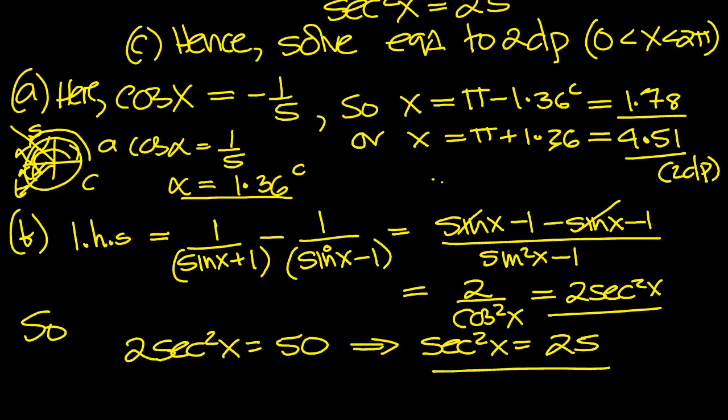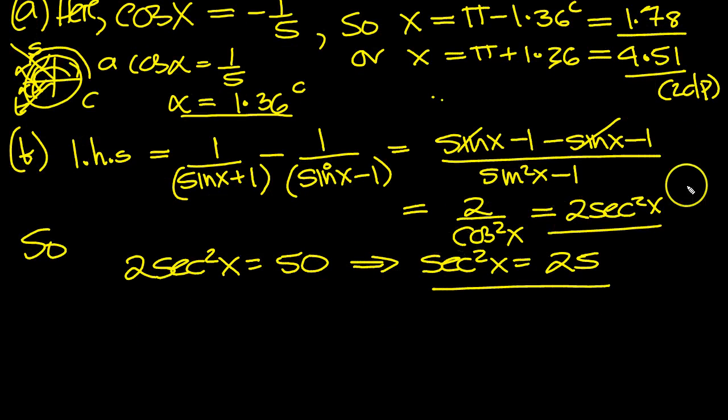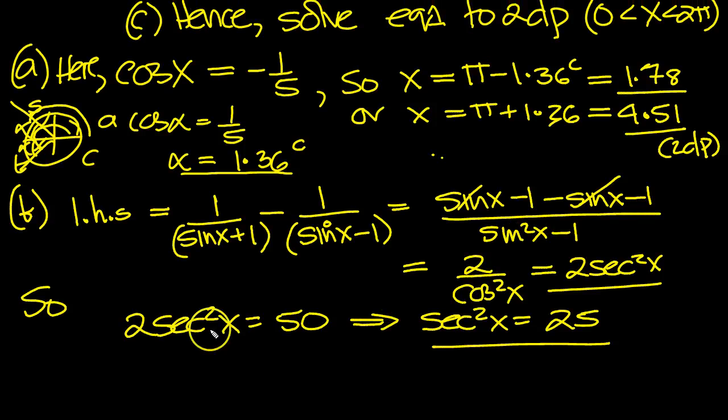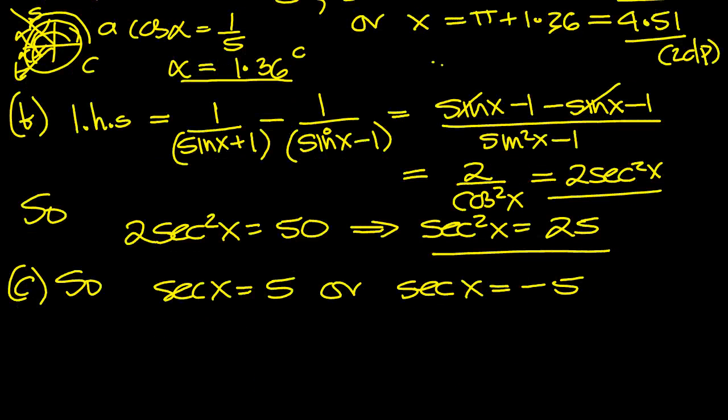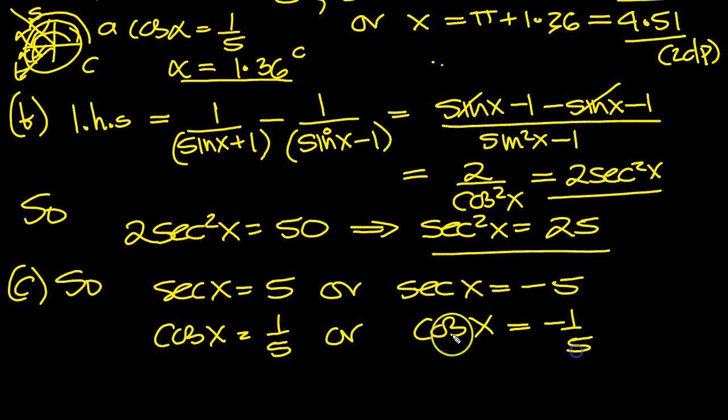Hence solve equation 1 to 2dp. So this is part C now, isn't it? So part C, square rooting, so sec x will equal 5, or sec x will equal minus 5. This one tells us that cos x is equal to 1/5, or this one tells us that cos x equals minus 1/5. And what we mean when we say this, don't we?